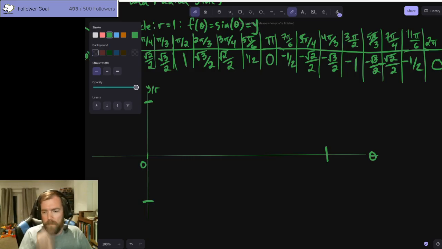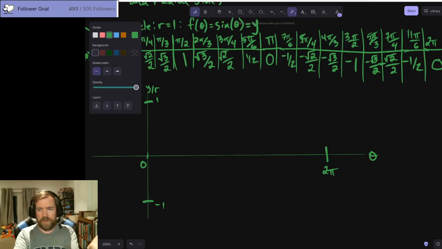So we'll max out at 1 and minimum going to be negative 1. We go all the way out to 2 pi over here, and in the negative direction we'll figure that out in a minute. But mostly we have numbers here, which are our theta values from 0 to 2 pi, and we have vertical values, y over r, between negative 1 and positive 1.